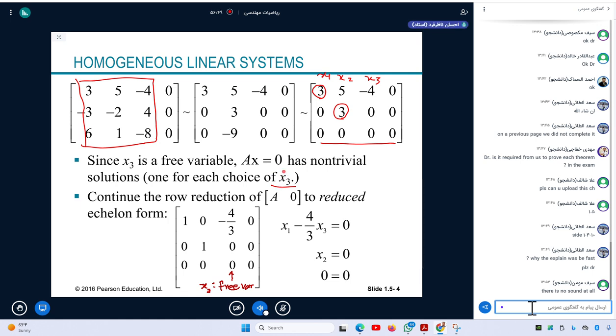So you can have any number for the third one. For the echelon form, you can write it down as this one. This is the third one.